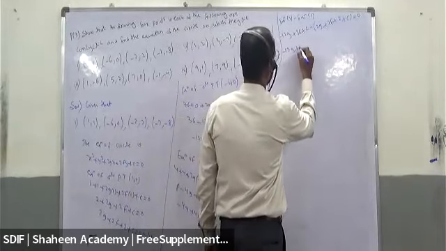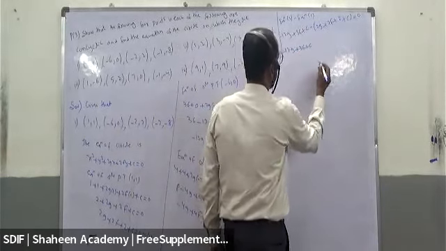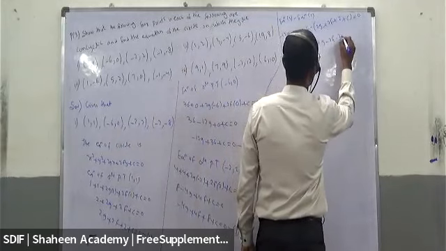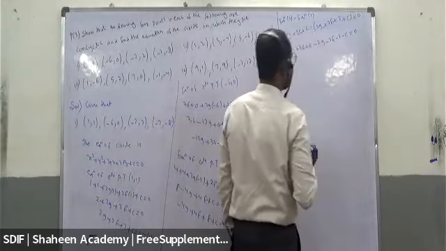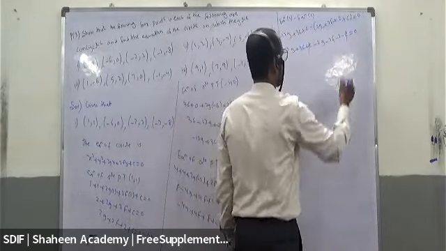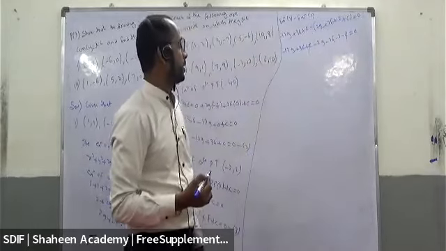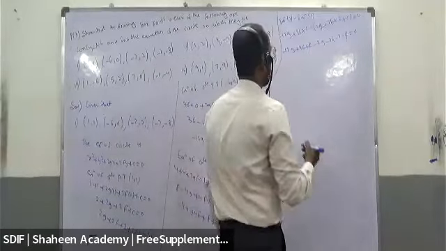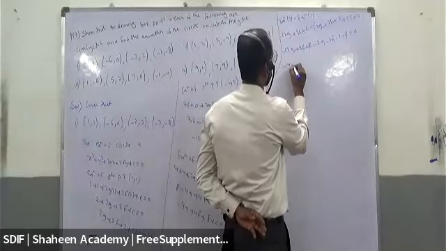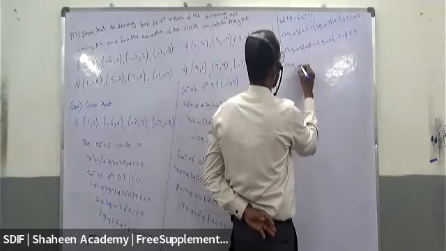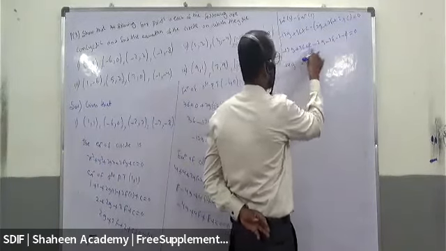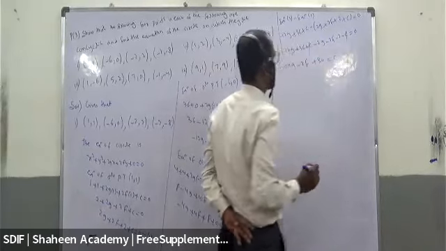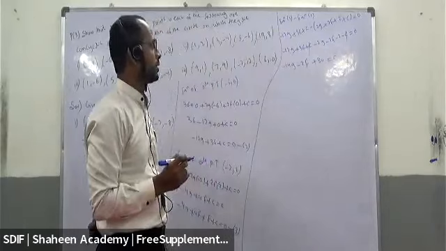Minus 12g plus 36 plus c minus 2g minus 2f minus 2 minus c is equal to 0. So plus c minus c get cancelled. So minus 12g minus 2g is how much? Minus 14g minus 2f plus 36 minus 2 is plus 34. Anything left? Nothing. Is equal to 0.